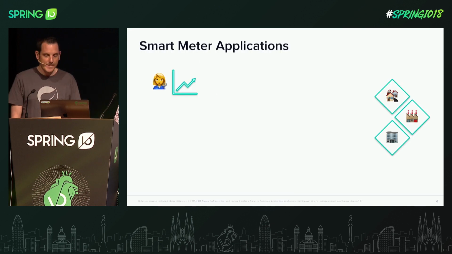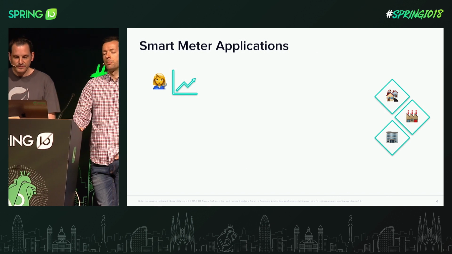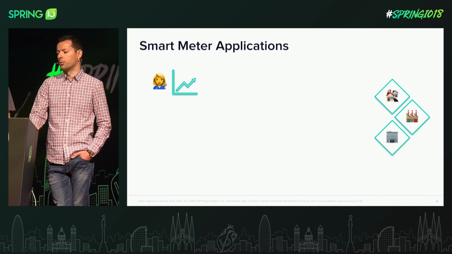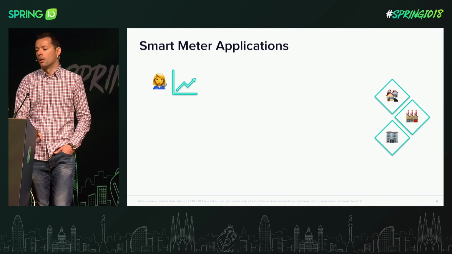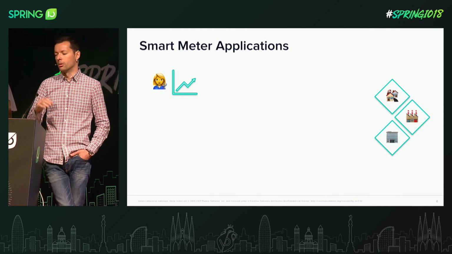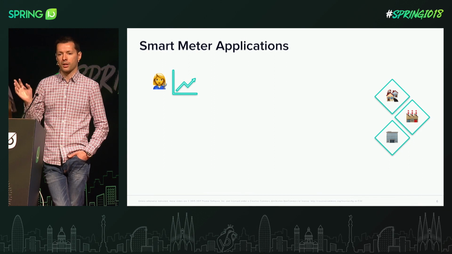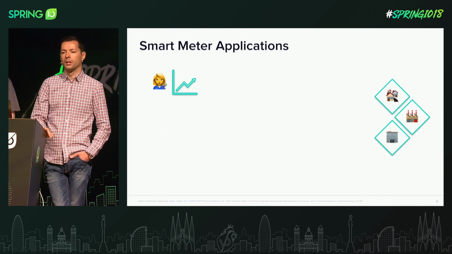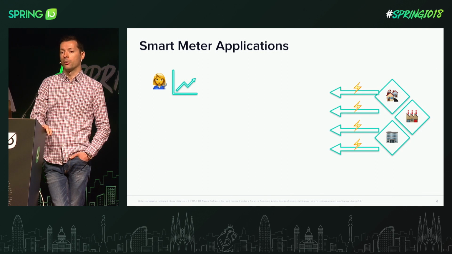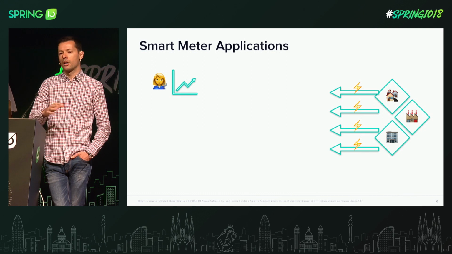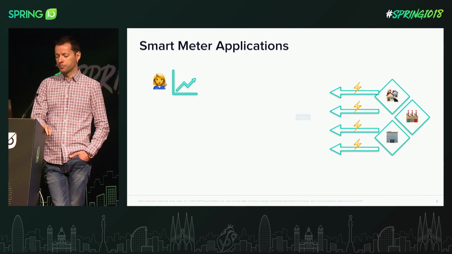So the use case we've chosen today is a smart meter application. Let's say you've got districts, neighborhoods, like residential, office buildings, factories, and each building has a smart meter that sends data about the current power usage. It's doing that every few seconds, let's say.